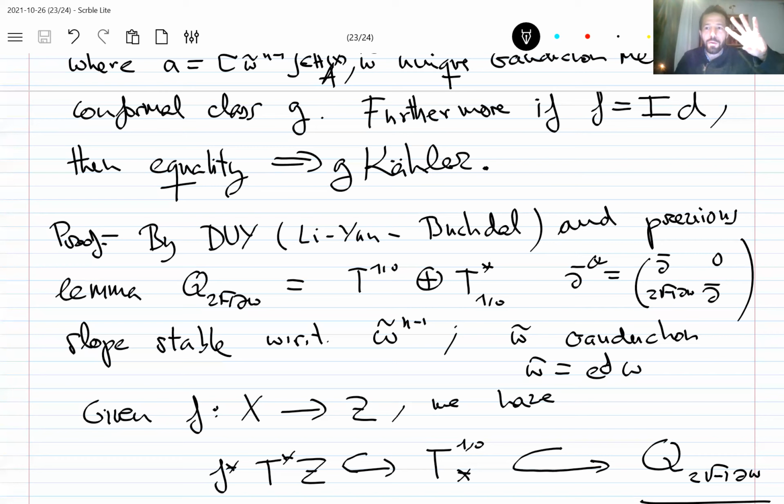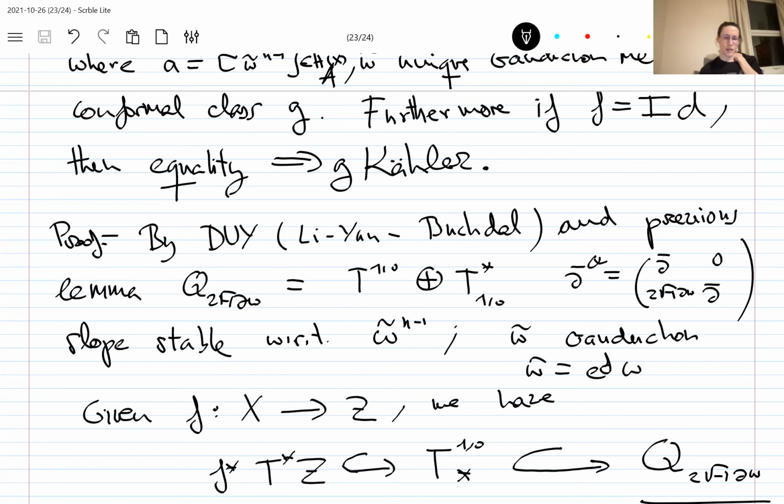The tangent bundle is replaced by tangent plus cotangent with a twisted operator, and the natural Hermitian metric is replaced by this diagonal metric. And this is what is Hermitian-Einstein saying. But now you have to measure the slope with respect to this Aeppli class instead of the usual one.